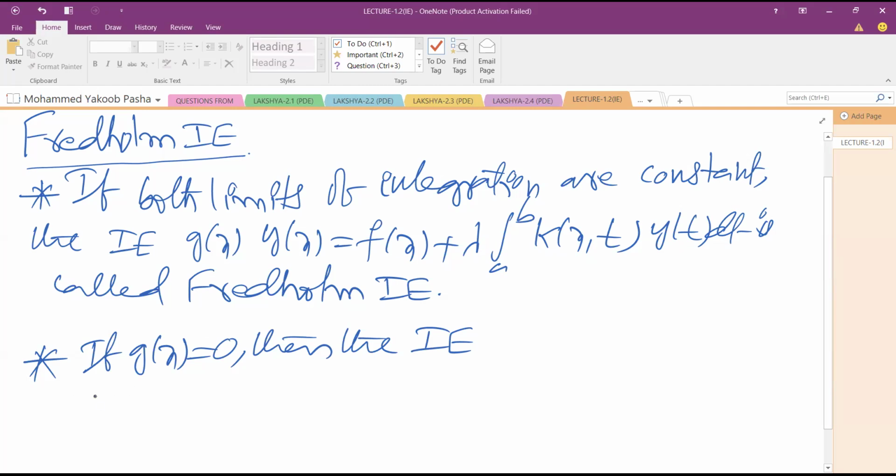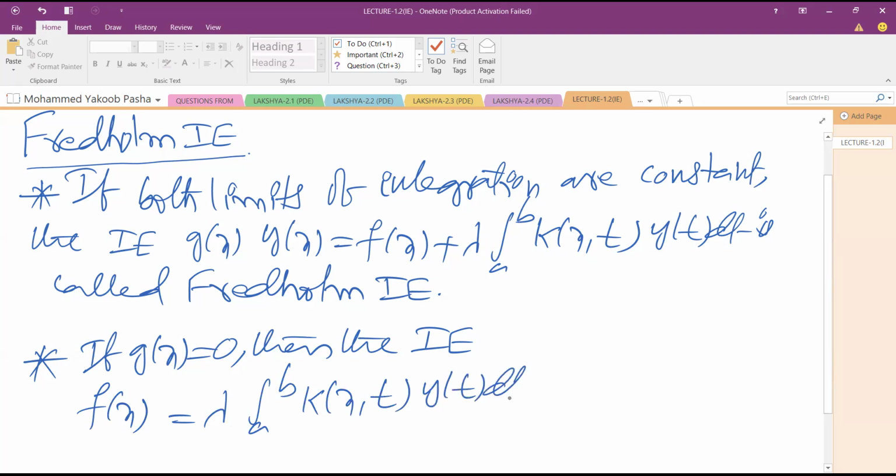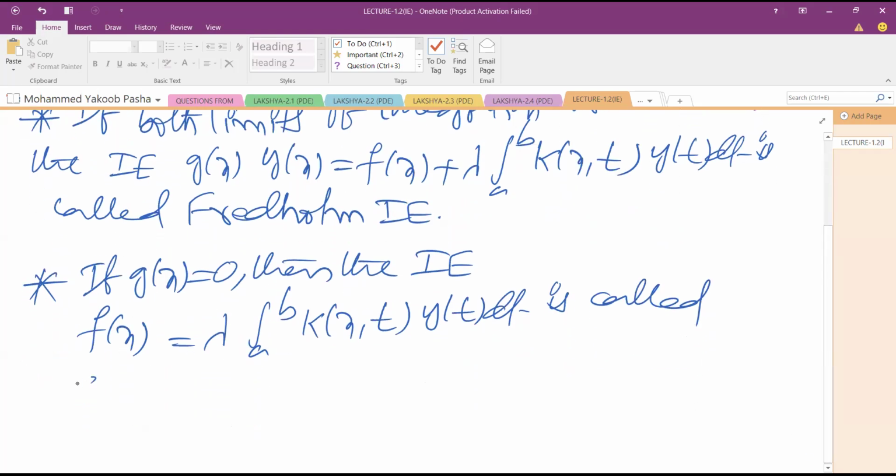So we can write f(x) = lambda times the integral a to b of k(x, t) y(t) dt. This is called the Fredholm integral equation of first kind.